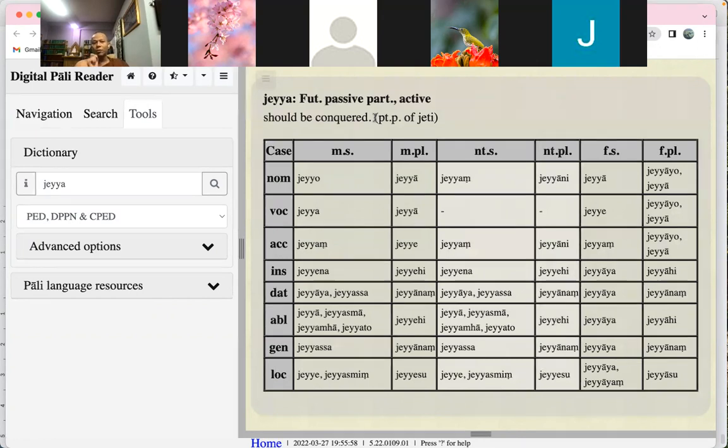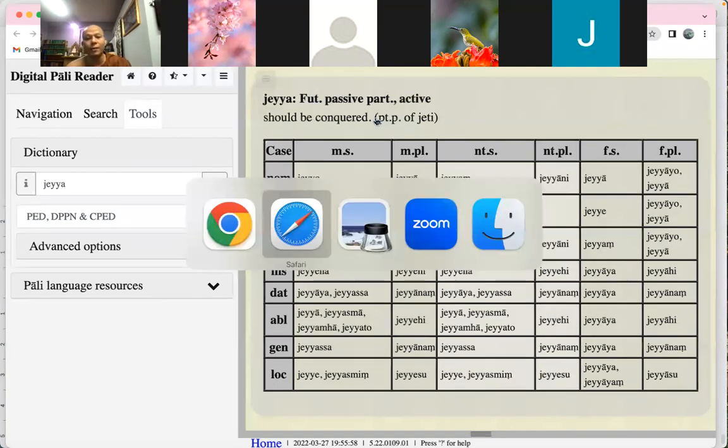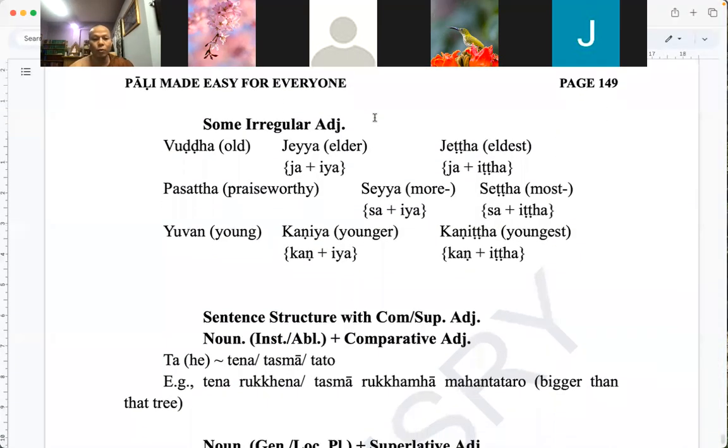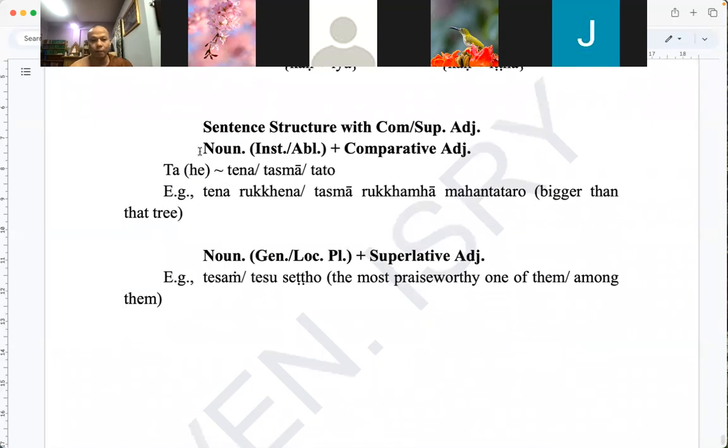If it is used with the comparative sense, the sentence structure will surely be under this construction, with the instrumental or ablative. Yes, I got that point, Bante. Thanks, Bante, for this guidance.